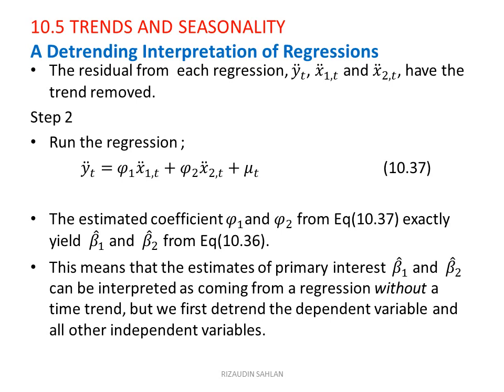That means the estimates of beta 1 and beta 2 can be interpreted as coming from the regression without the time trend. But of course, we want to show that we first detrend the dependent variable and all the other independent variables.